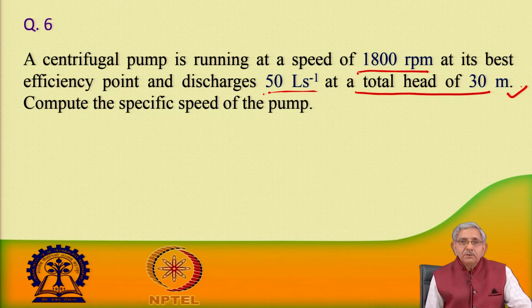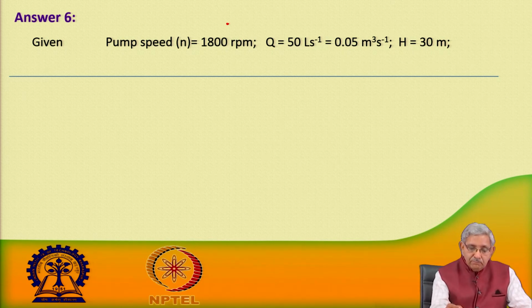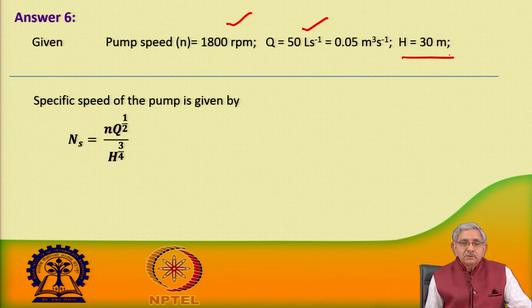So, the sixth problem is related to pumps, calculation of specific speed. The pump has a speed of 1800 rpm, discharge 50 liter per second, which is equivalent to 0.05 cubic meter per second, and head of 30 meter. It is a straightforward problem where we substitute the values in the specific speed formula.